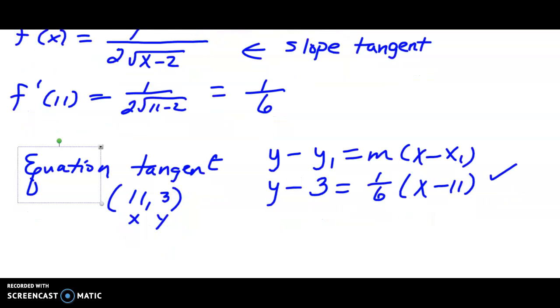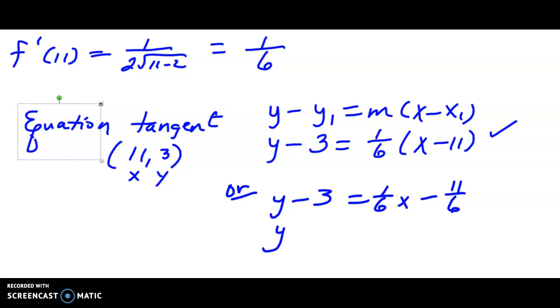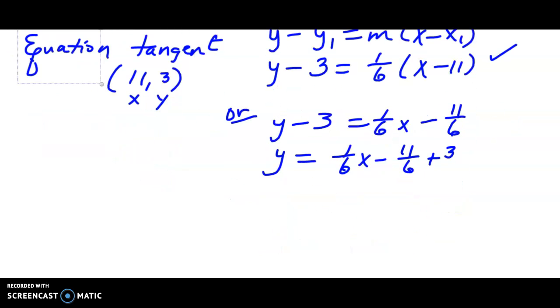If you wanted to multiply it out and get the slope intercept form, you would get 1/6 x minus 11 over 6. And when you add 3, you would have to get a common denominator, which would be 6.